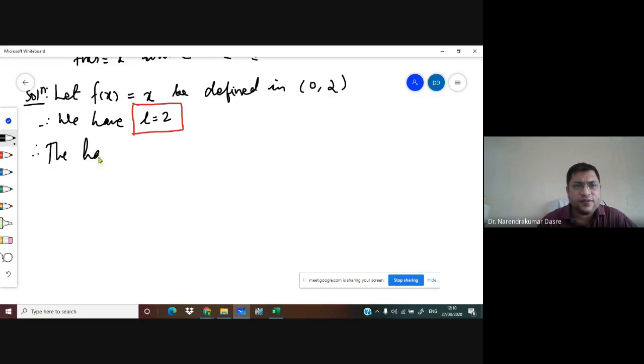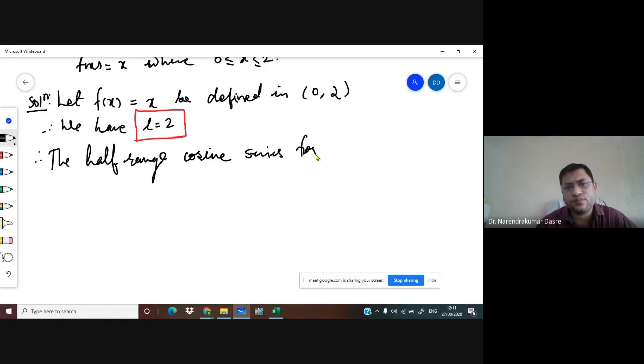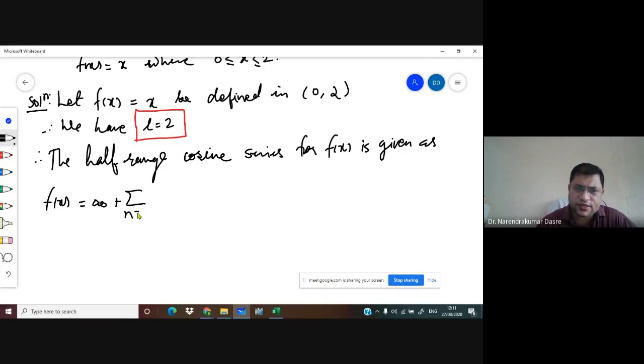The half range cosine series for f of x is given as f of x is equal to a0 plus summation n running from 1 to infinity an cos of n pi x by 2. Remember here the value of L is going to be 2. So this is equation 1.